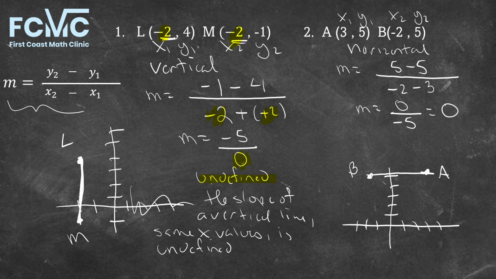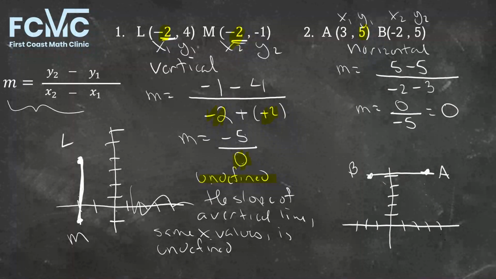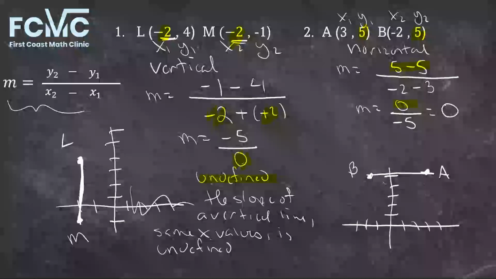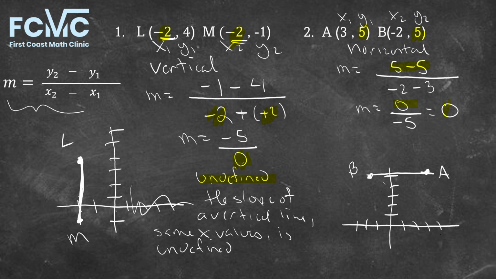Let's make a conclusion out of this. We have a horizontal line. We notice that in our horizontal line, our y values are the same. So when we subtract those y values, we're going to get 0 in the numerator. And whenever we have a fraction with 0 in the numerator, that fraction is going to simplify out to 0.